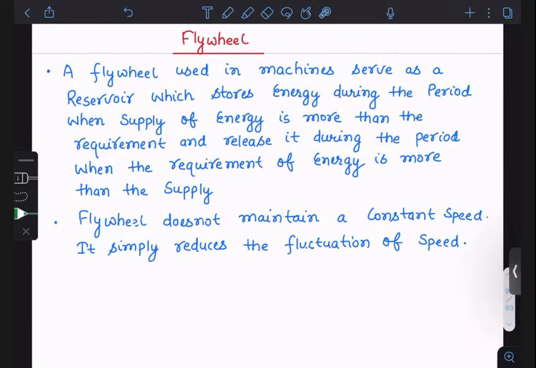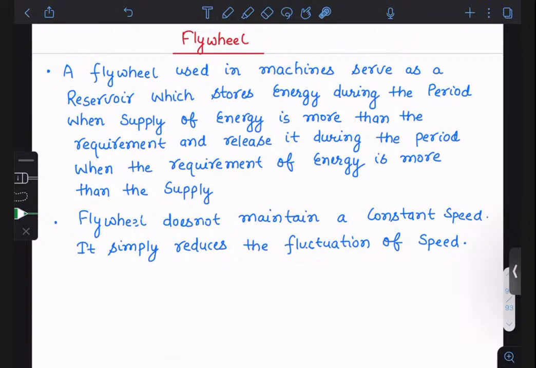See, because whenever there will be less energy, the speed will reduce. Then what will the flywheel actually do? It supplies the energy because there will be more requirement. So it actually minimizes and reduces the fluctuation of the speed.